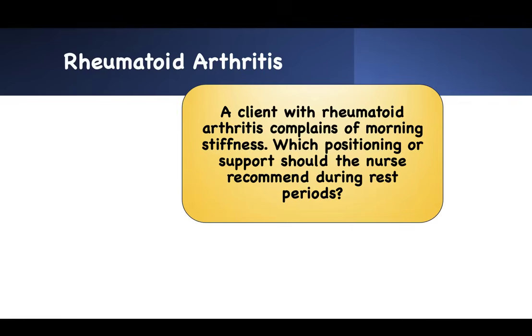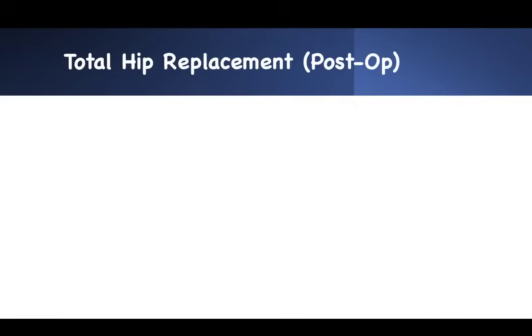Small pillow under that as much as possible. And don't keep it in a non-movable position for a long time, otherwise you get contracture. So the key when you see a question about rheumatoid arthritis: keep the joint in the neutral position, small pillow under it, and straight as much as possible. That is the key for this particular question.